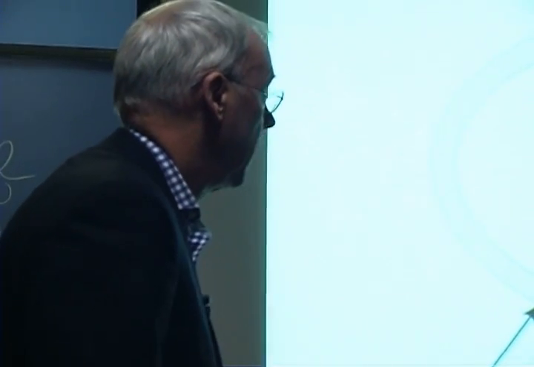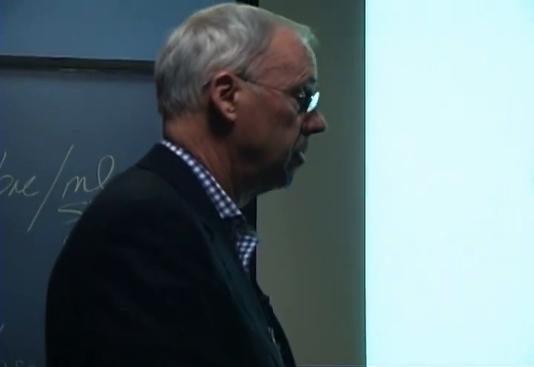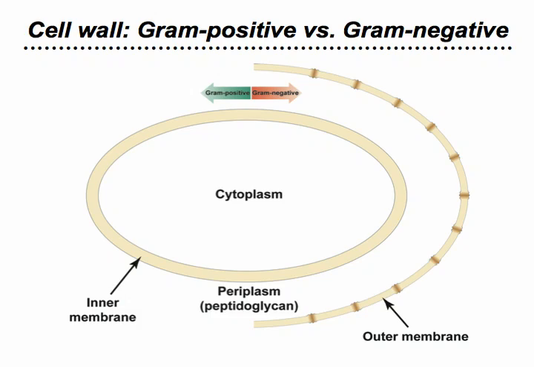There are a variety of reasons why bacteria stain either positive or negative in gram stains, and the simplest one to consider for today is that going from the inside out, cytoplasm bacteria, the inner membrane, there's a peptidoglycan layer in between, and then an outer membrane.